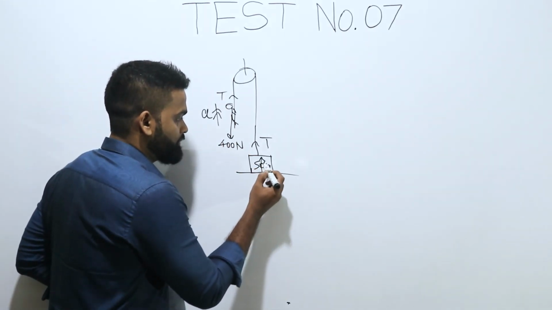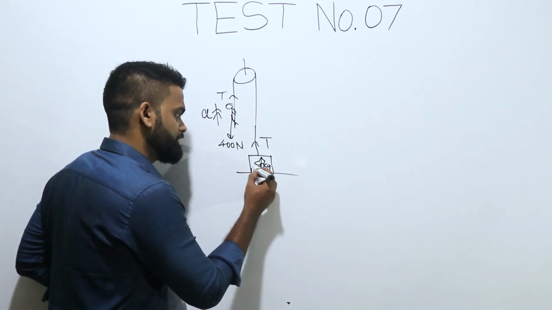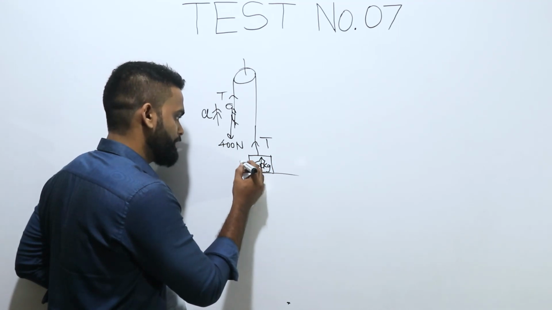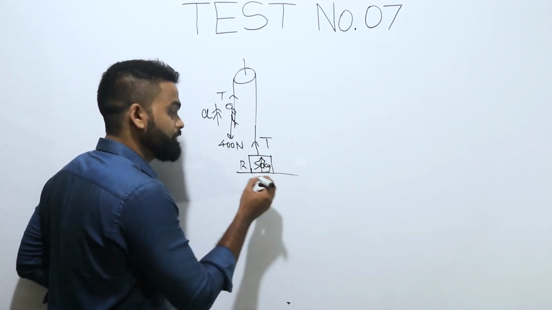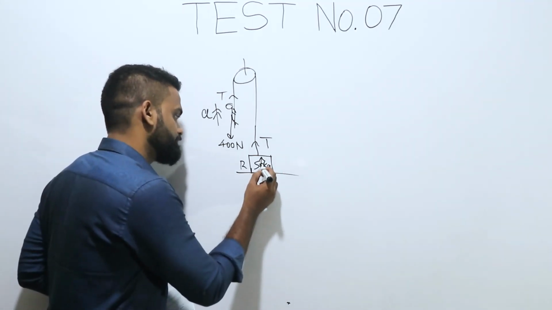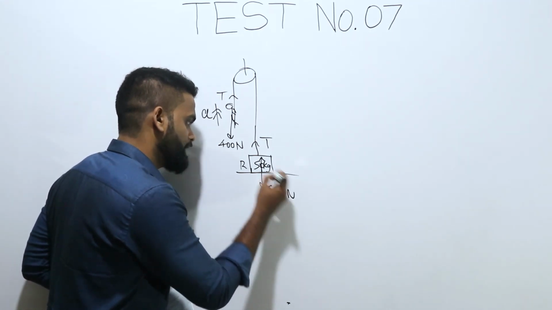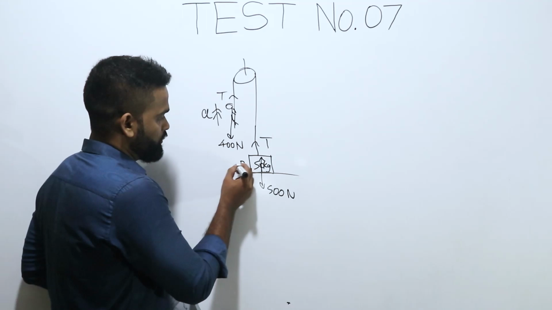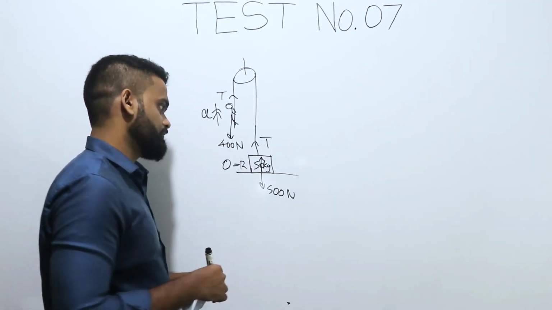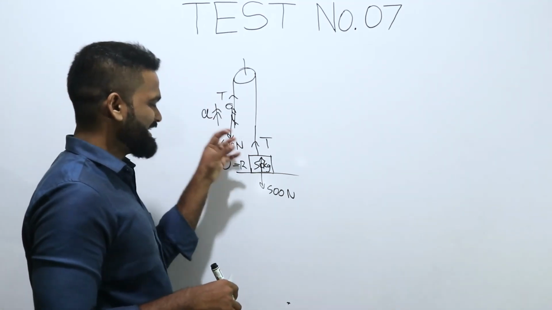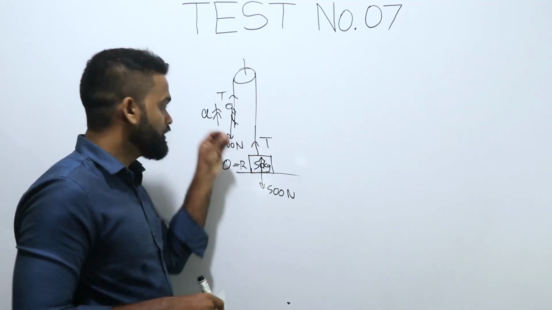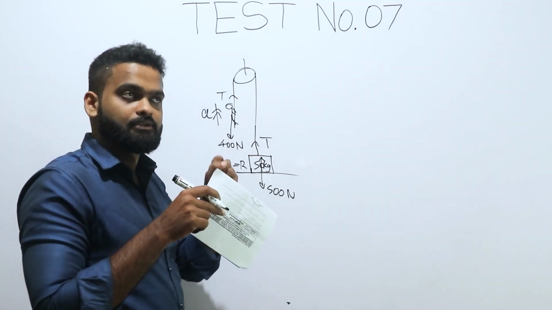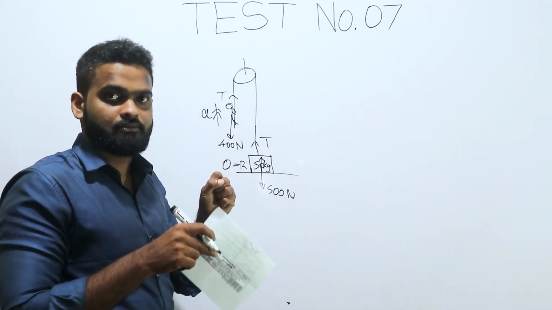You have to understand that the normal reaction force acting on this 50 kilogram mass should be 0. This has 500 Newton downwards on the mass, but the normal reaction force here should be 0 because at that limiting condition, the child is climbing at the maximum acceleration.